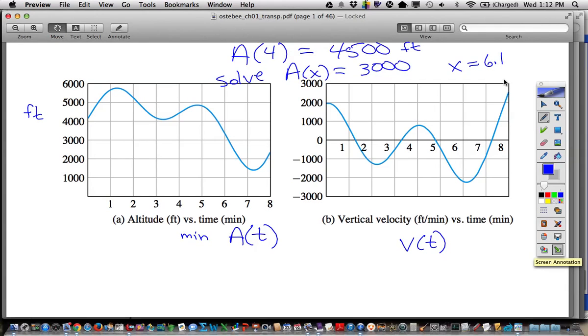Now, sometimes off of a graph, the best you can do is approximate. So somebody else might have said 6.2. Here, somebody might have said 4,400, right? Those would have been okay. If you're in the ballpark or reasonably close, that's good enough, okay? What if I just said solve this equation? A of x equals 5,000.